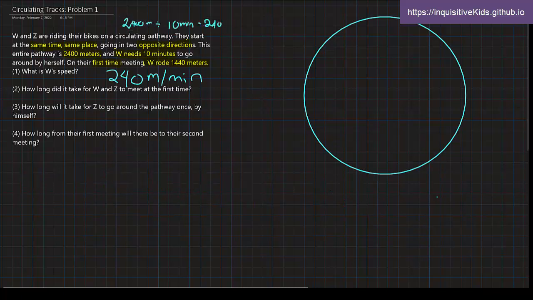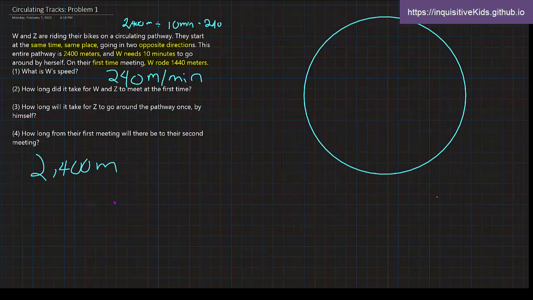Okay, now let's see the second problem. How long did it take for W and Z to meet the first time? We know that there is a total of 2,400 meters, and that on their first time meeting, W rode 1,440 meters.